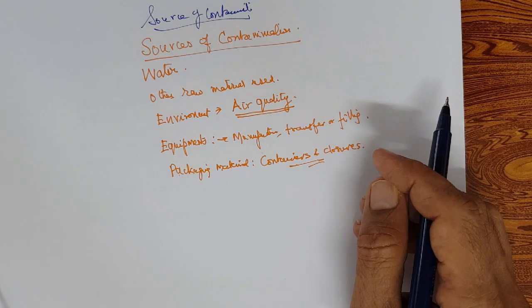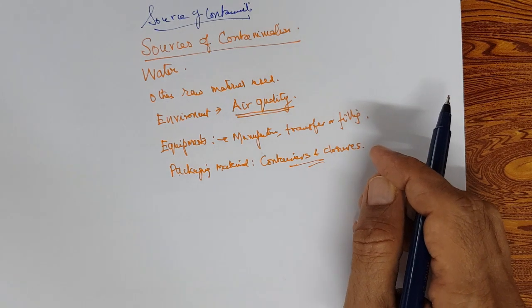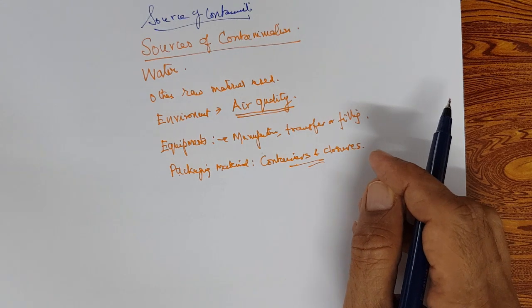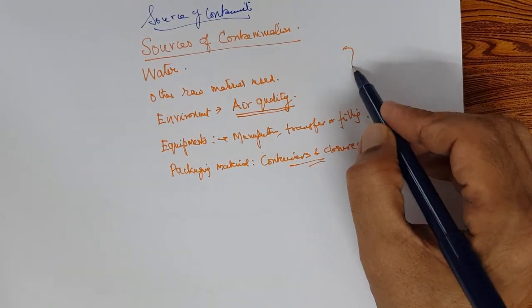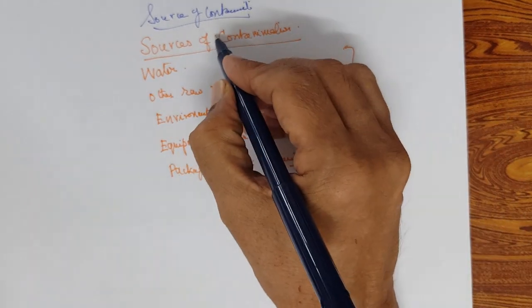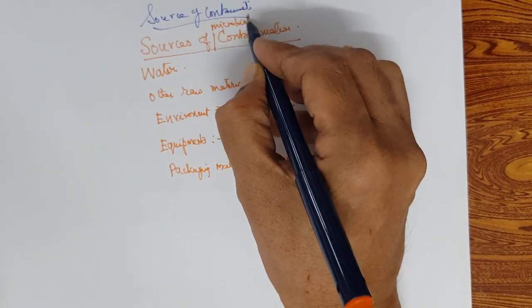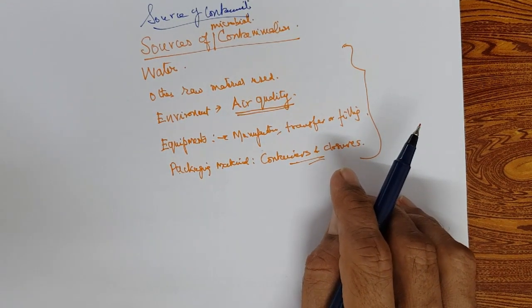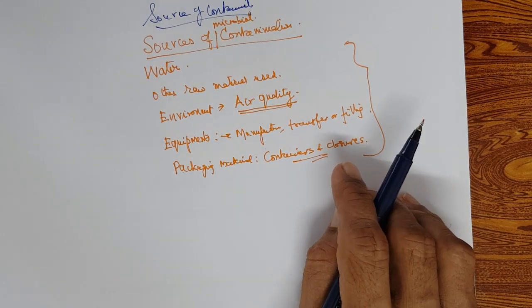So there can be a contamination in this also. These are broadly the sources of contaminations, right? Of microbial contamination, sources of microbial contamination in your product, right?